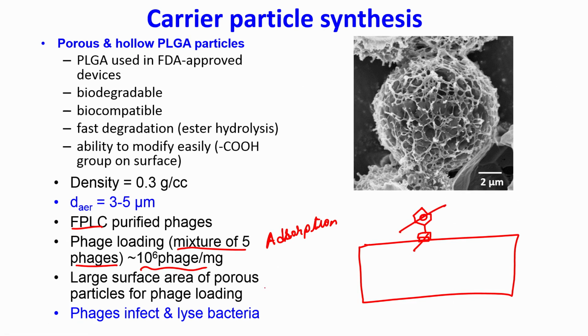So to prevent that from happening, they have used 5 phages at a time, and so this is phage 1, maybe the other phage uses a different receptor. So maybe there is another receptor now which is being used by a different phage, and so that means that even if let us say a bacteria is able to somehow nullify one of the phage, it will still be susceptible to the other 4 phages, and that ensures that the therapy is successful.